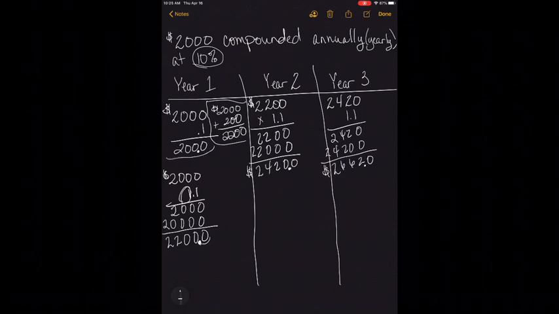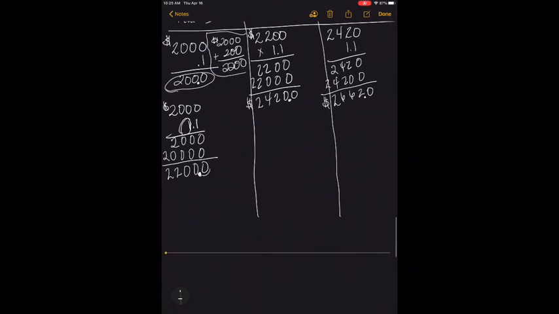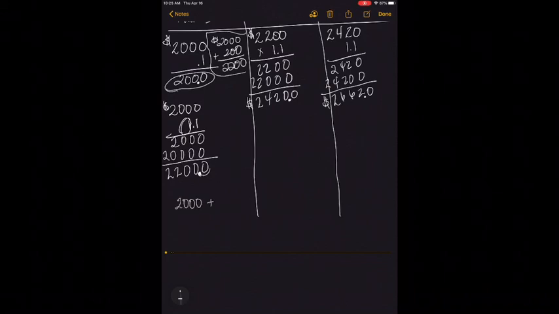Now, what would she have earned if it was not compounded annually? Well, we know that 10% on her principal is $200. So if her money had not been compounded annually, she would have earned $200 each year.